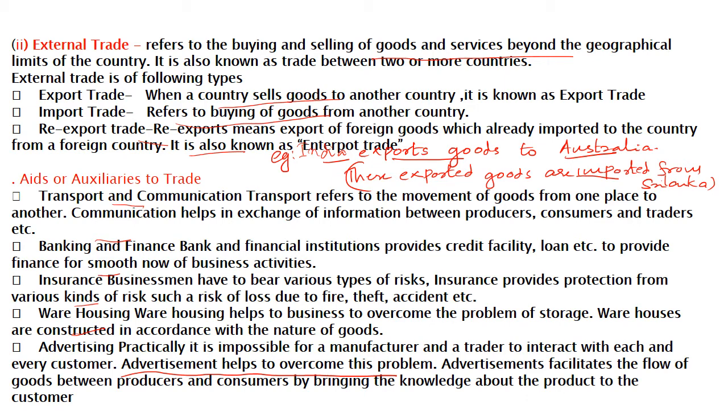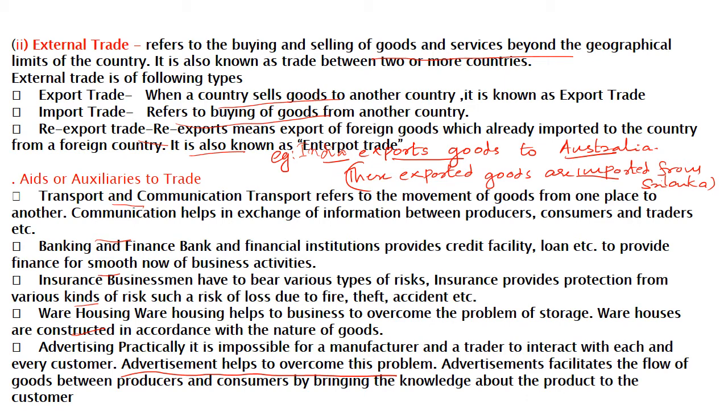These exported goods are actually imported from Sri Lanka, right? So India is exporting goods to Australia. Before exporting, what happened? We imported those goods from Sri Lanka. So that type is known as entrepot trade.